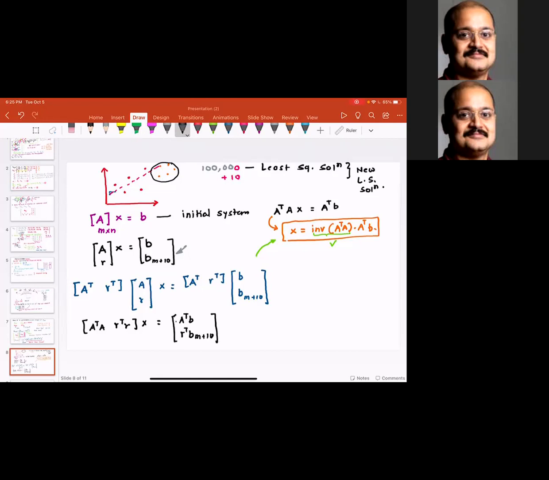And the problem here, just like what I did in the previous case, is that to find X, I need to invert A transpose A plus R transpose R, and multiply that by A transpose B plus R transpose B of M plus 10.